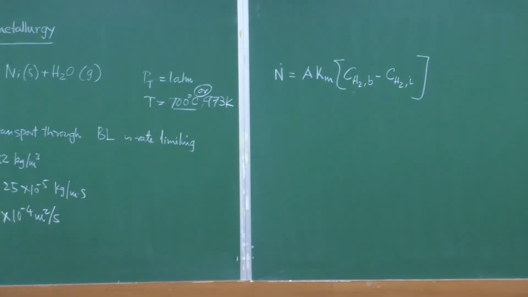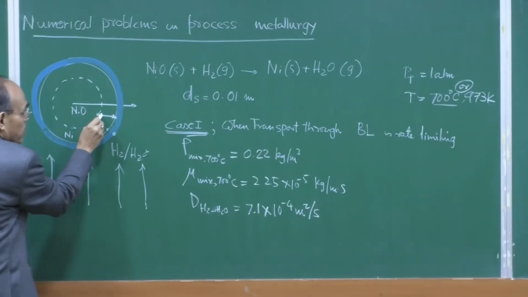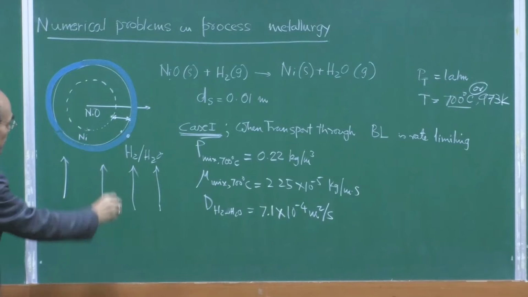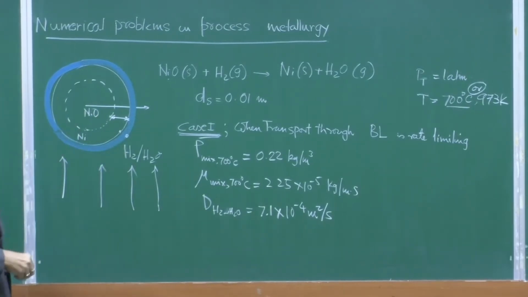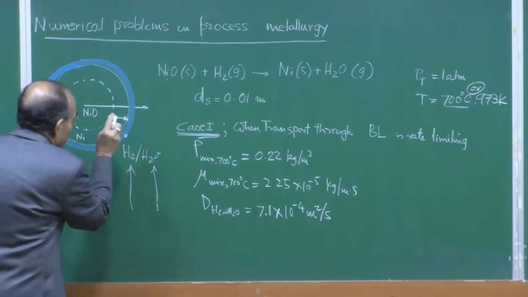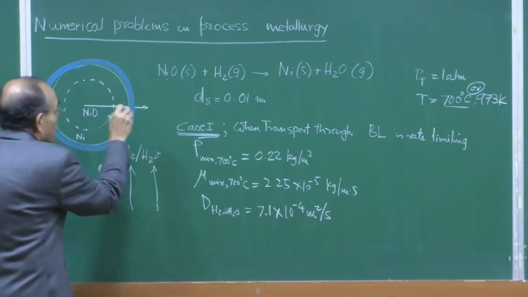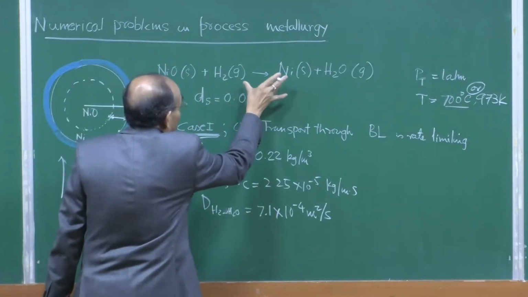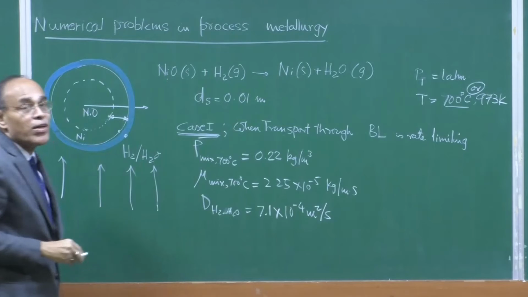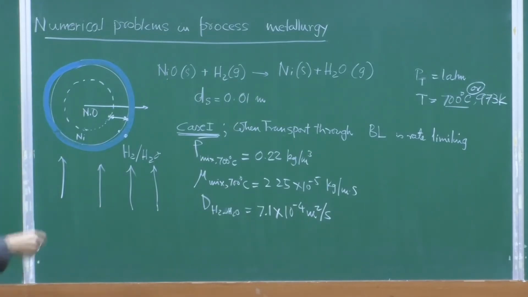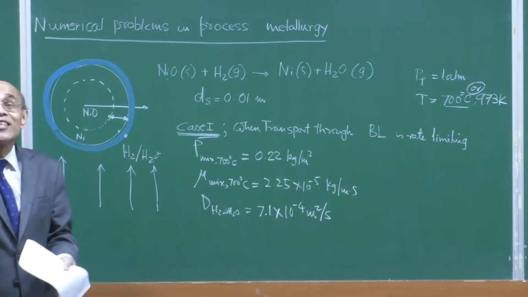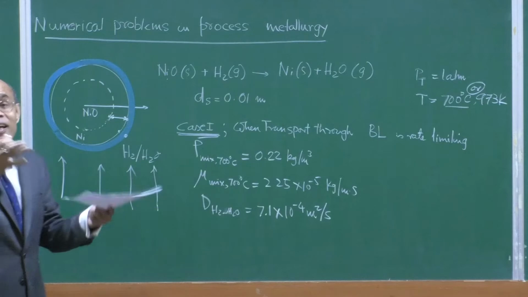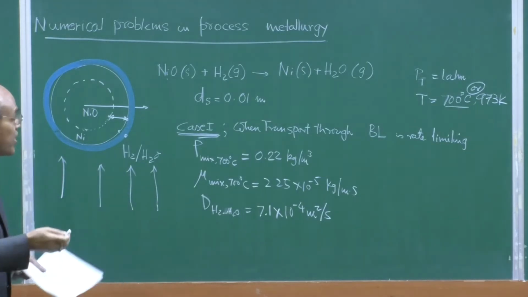Also, we must understand that the concentration of the gas at the true reacting interface can be obtained on the basis of equilibrium of the chemical reaction. Why equilibrium? Because the chemical reaction is also very fast, and any fast process would reach equilibrium quickly.